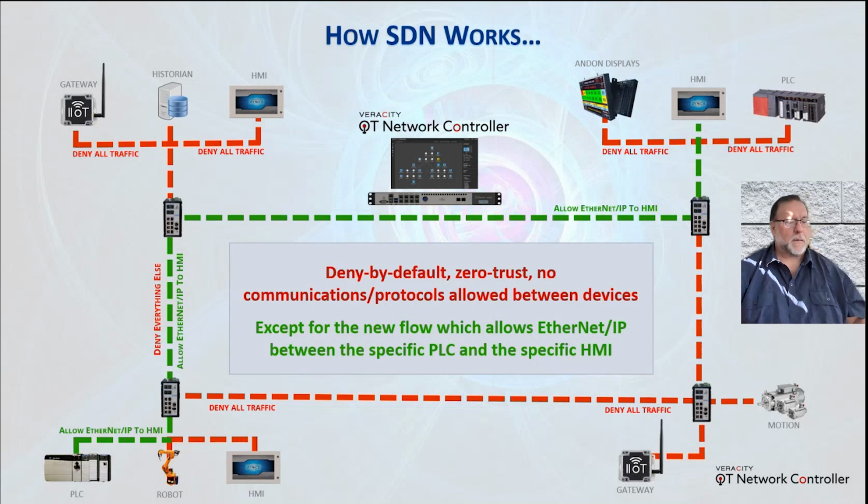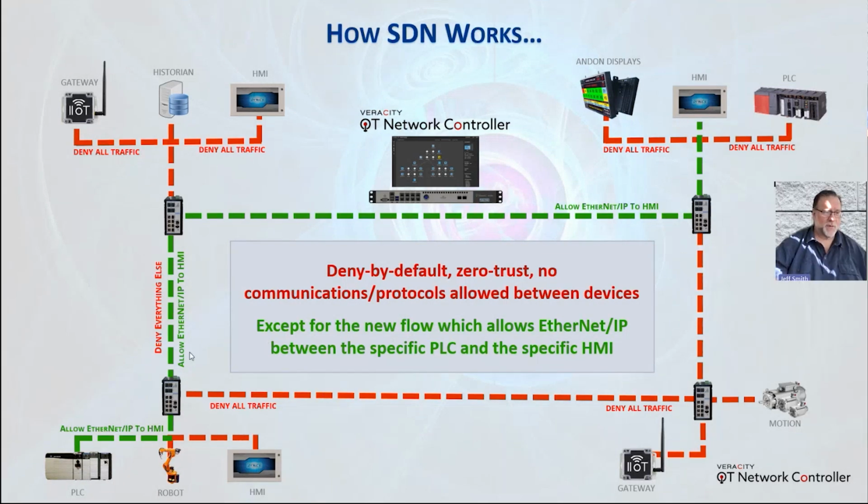So, for example, I want the PLC in the lower left corner to talk to the HMI in the upper right corner. So the idea here is I'm going to allow Ethernet communications between these two. This is the first picture, so everything else I was just kind of talking to it. So if I'm allowing Ethernet IP between those two, this happens to be a ring, could be a star, could be a mesh, right? I could run any cable I want between any switch I want.